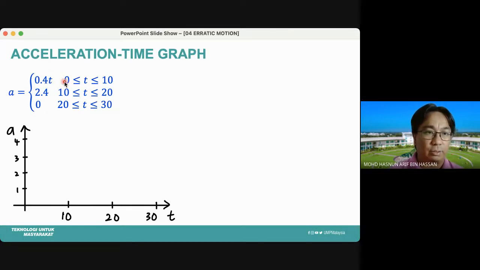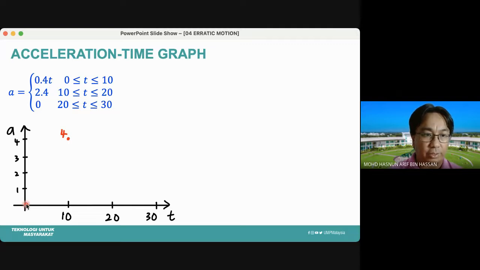When t equals 0, a equals 0.4 times 0, so it will be 0. When t equals 10, you key in 10 here, you will get a equals 4. So when time equals 10 seconds, acceleration is 4. When time equals 0, acceleration is 0.